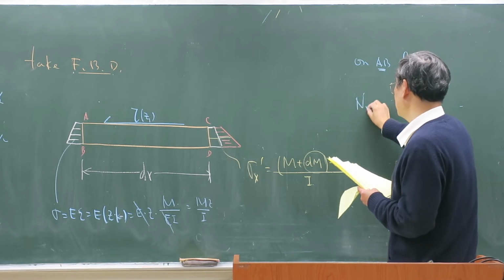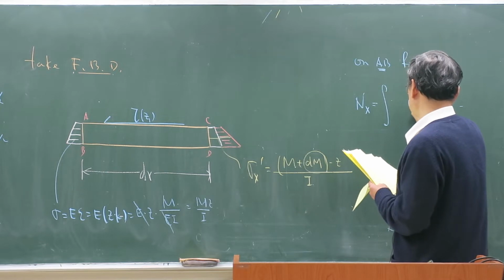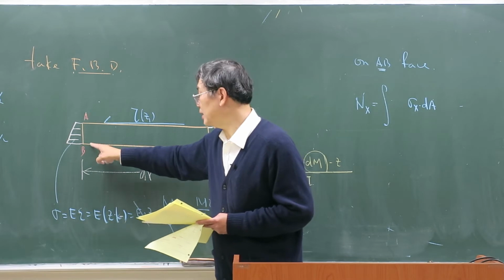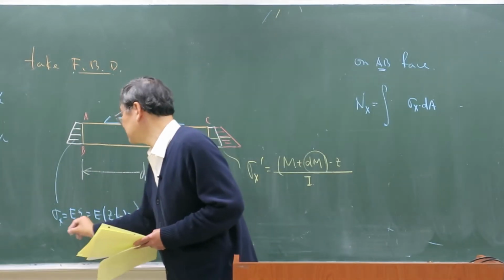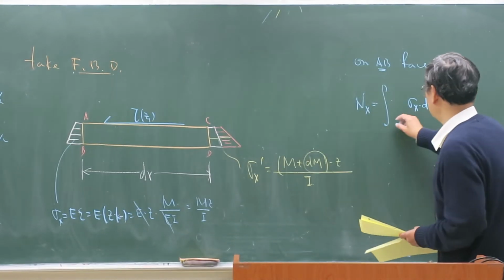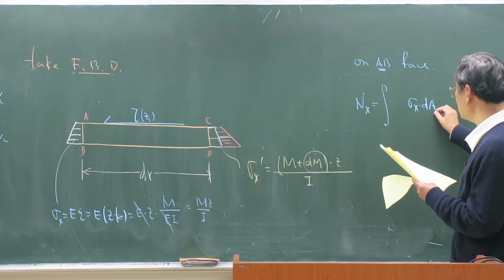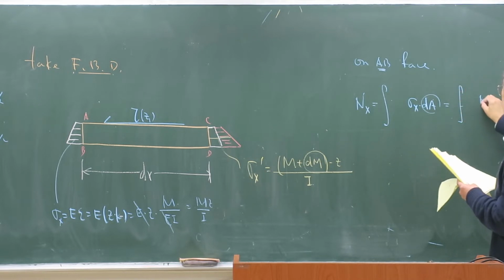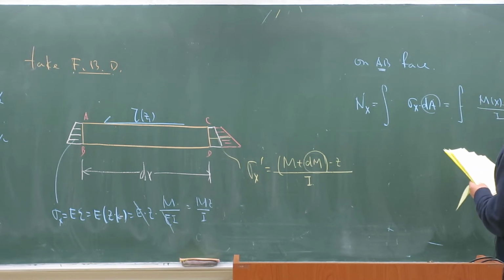my axial force is equal to the integration of sigma x times dA, on AB. This sigma x times dA is equal to M z over I dA.